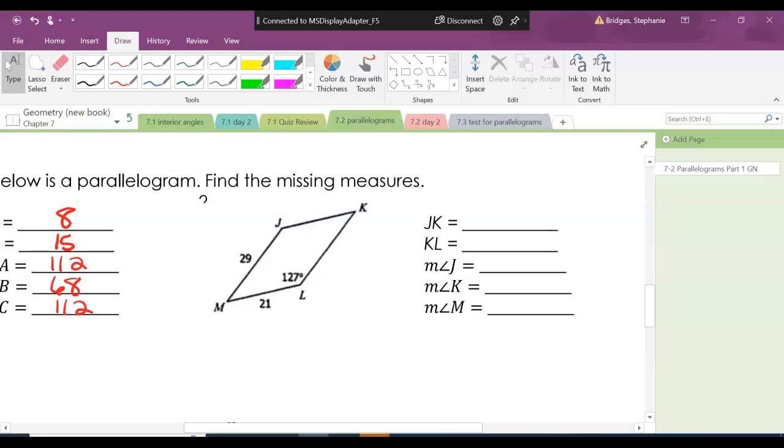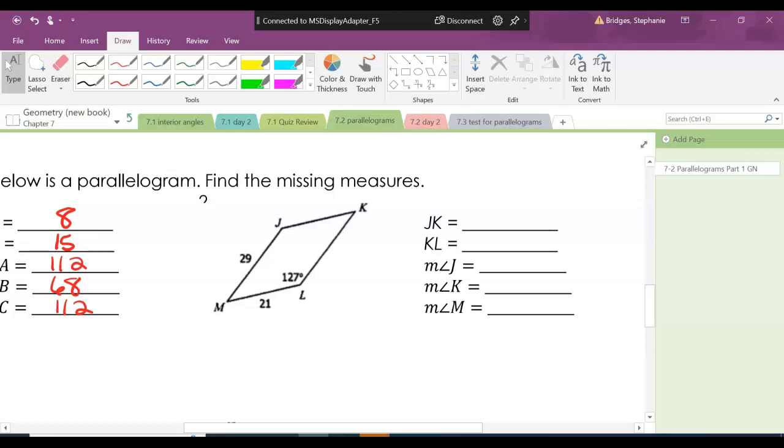When you look at these numbers on the outside, which is what these two are, right? This 127 is supposed to be 29. And then J at that point. Okay.